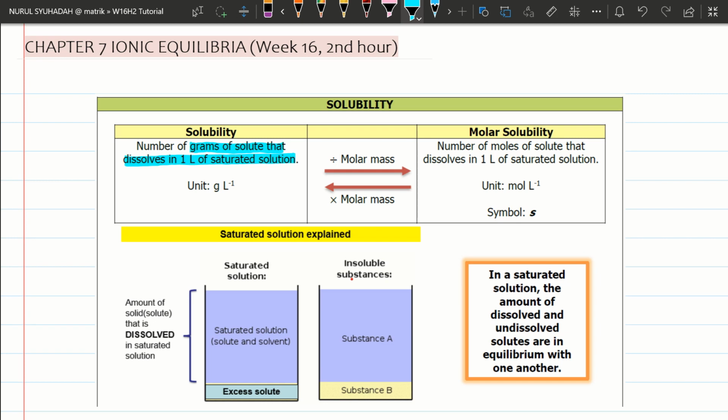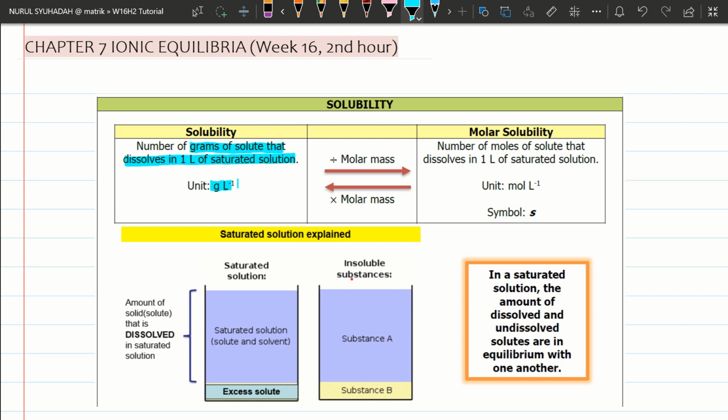The unit for solubility here is gram per liter. So the mass of the solute must be in grams, and we want to know, in 1 liter of solvent or 1 liter of saturated solution, how many grams of solute can be dissolved.